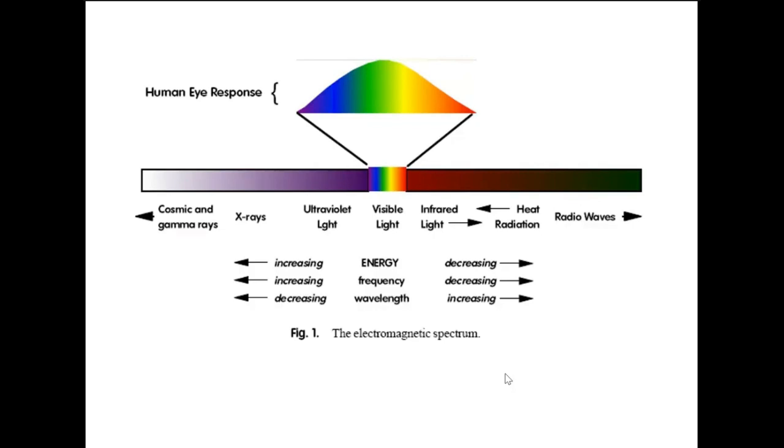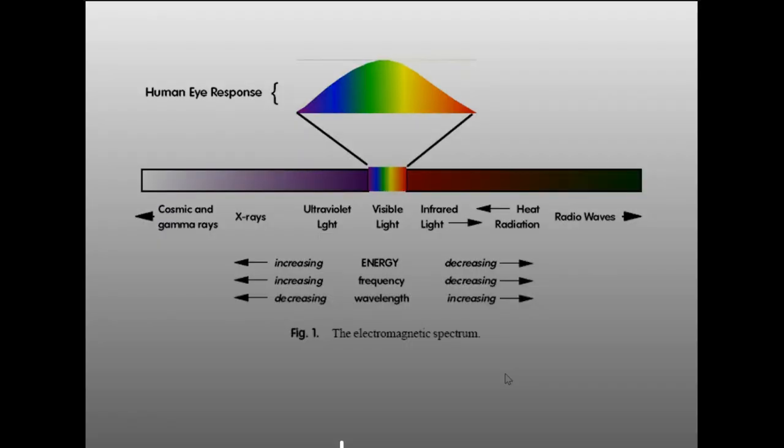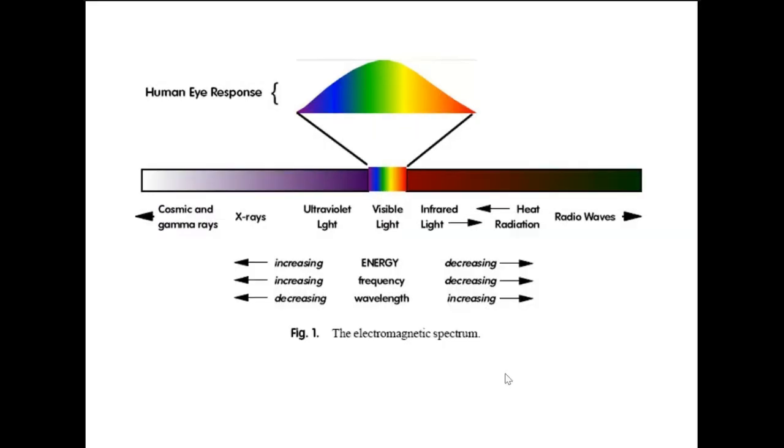Why, as a botanist or zoologist, are we more concerned only with the visible region compared to cosmic rays, gamma rays or radio waves? We are neither worried about cosmic rays nor radio waves. The question is why?